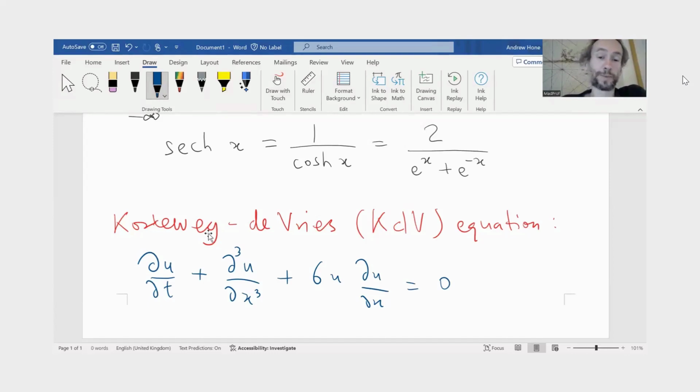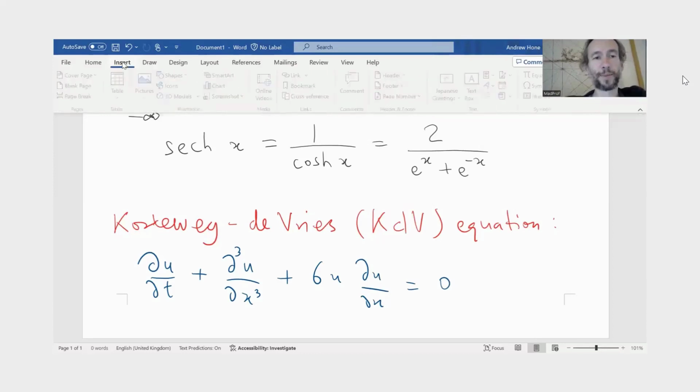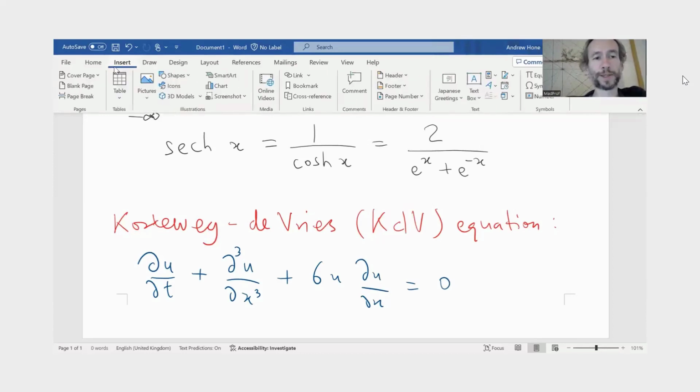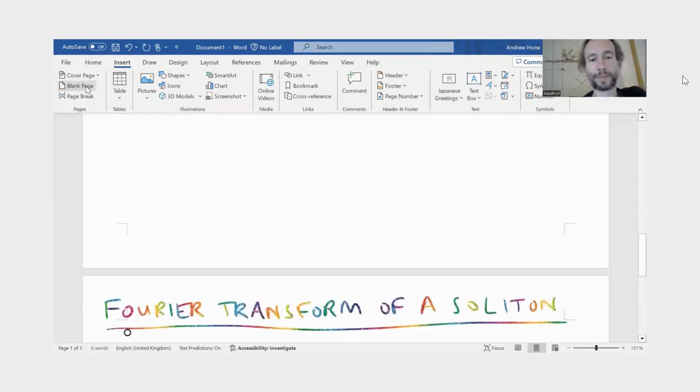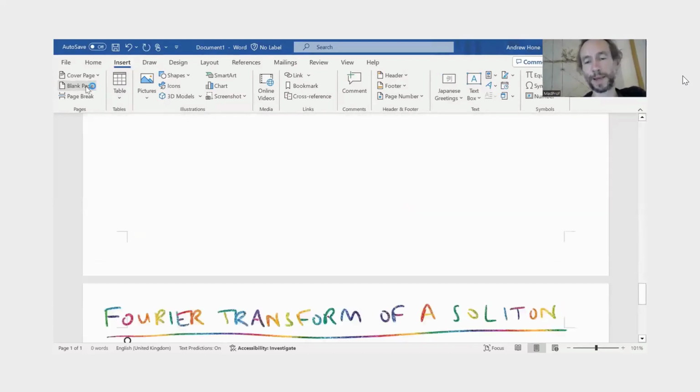And then if you do an approximate or asymptotic solution to describe the motion of the surface of the water on a shallow canal, starting from the Euler equations, then you get this Korteweg-de Vries equation as basically a model equation.